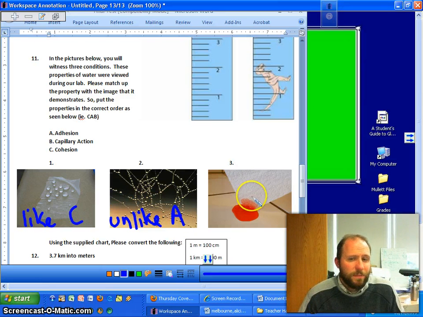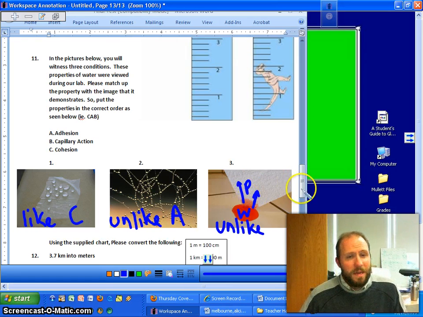Well, we could do process of elimination, but we also can see we've got a liquid, and I'll just say it's water, and I'm pretty sure that this is wood or paper, and so these are unlike as well, and it's a special condition where there's an attraction between the unlike materials, but we also get to see that the water is moving up into this material along a surface. The water's moving. That's going to be capillary action, which is B.